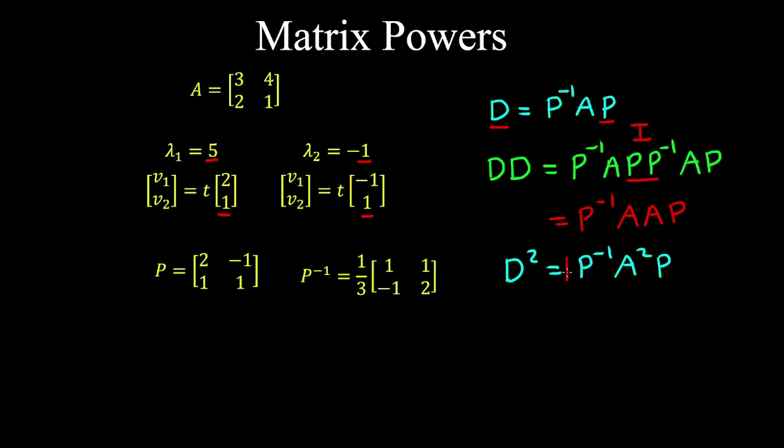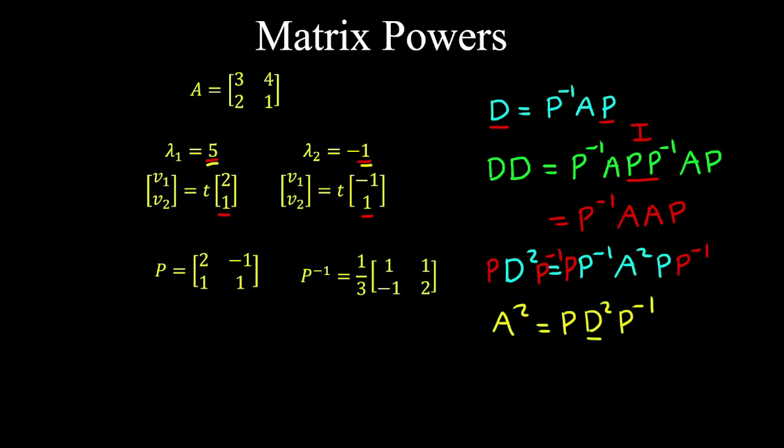And if we multiply both sides by P, and then by P inverse, then what we get is A squared is equal to P by the square of the diagonal matrix by P inverse, where D squared has the squared eigenvalues of A on a diagonal.